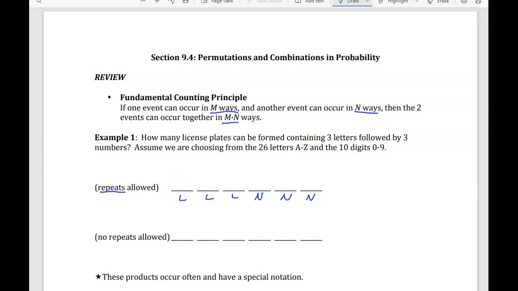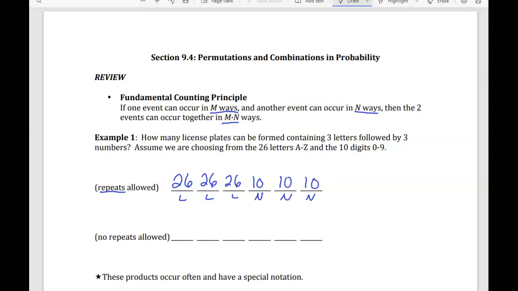So with that being said, that means the first digit, I have 26 letters to select from. And since repeats are allowed, I still have 26 and 26. For my numbers, I'm going to have 10 digits, 10 digits, and 10 digits.